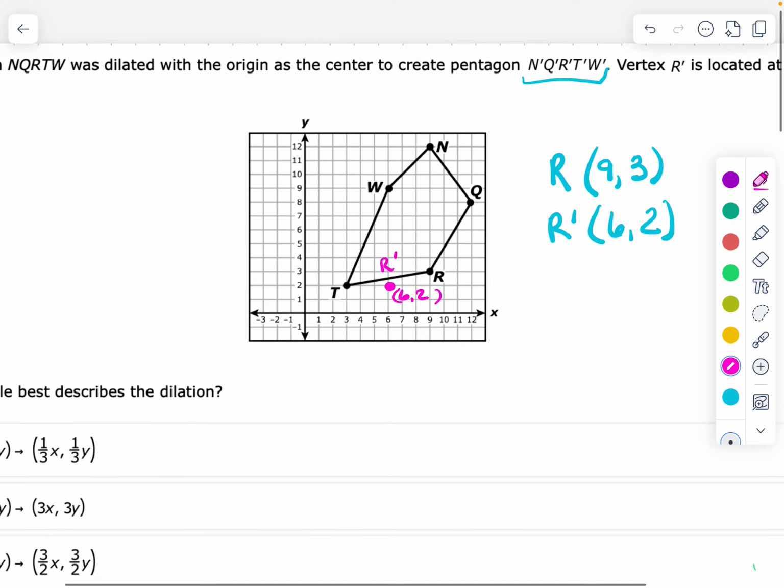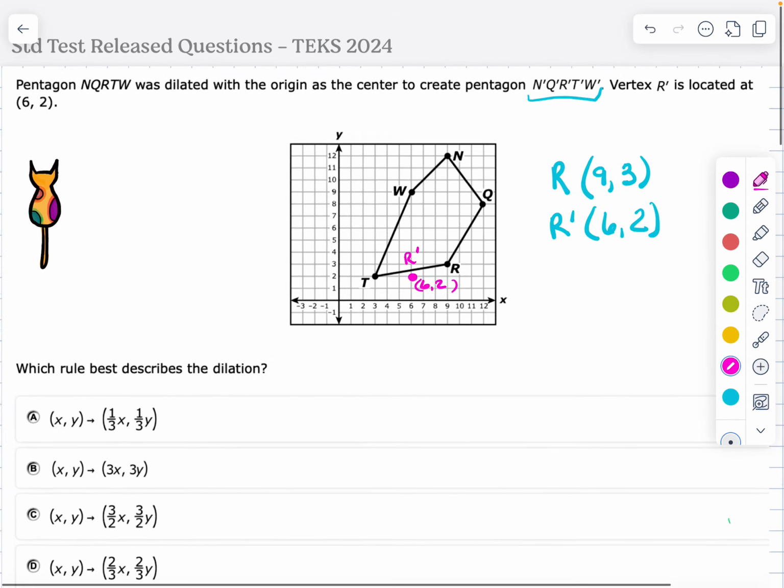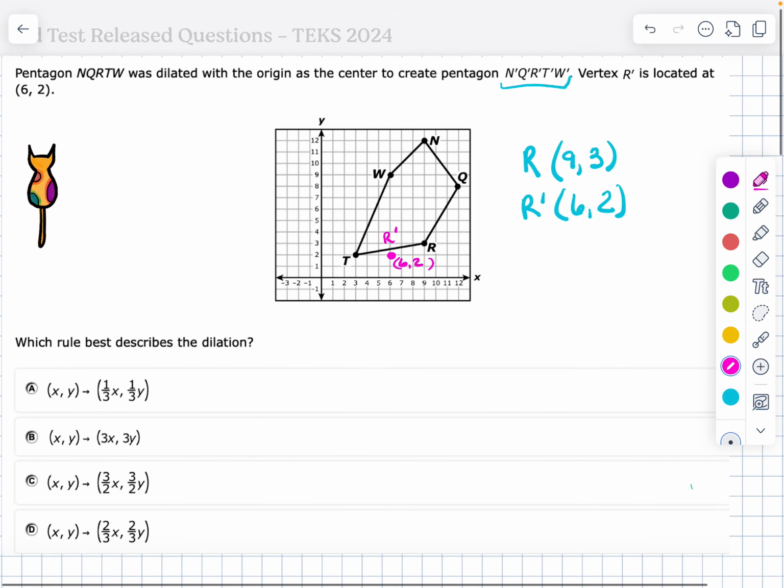Once we find that number that we're going to multiply x and y by, then we could create the new drawing. It's not asking us to do that, but that's what you would do. So I need to multiply 9 by something to get 6, and I need to multiply 3 by something to get 2. It's not obvious what that's going to be.